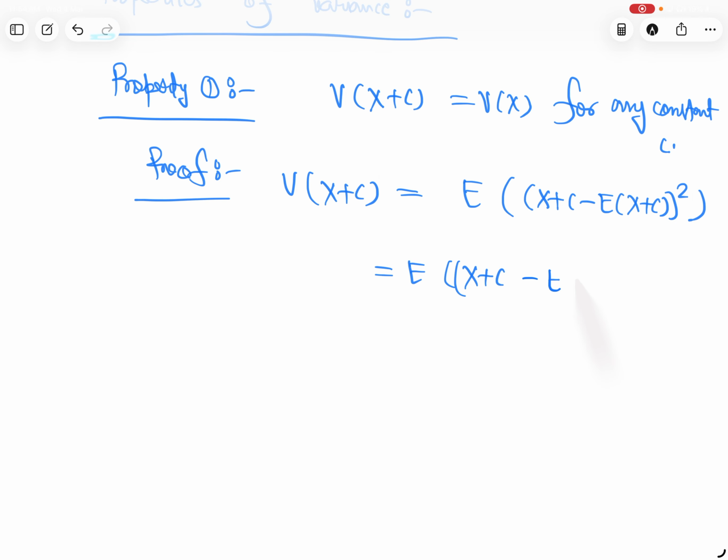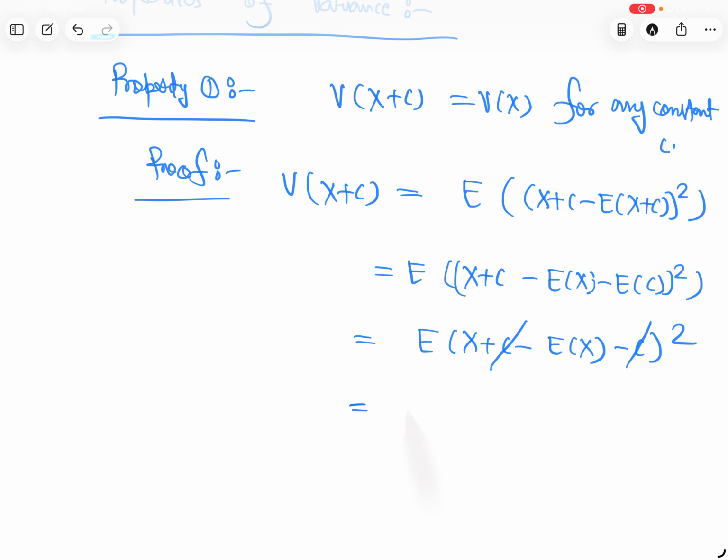So it is ex plus ec. So expectation of x plus c minus expectation of x, expectation of c. What is this? This will remain c. So c and c cancel out. So tell me what is this? This is variance of x.